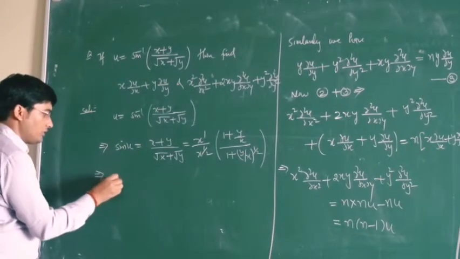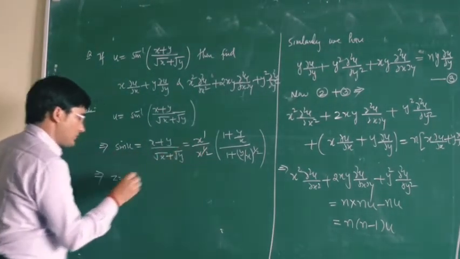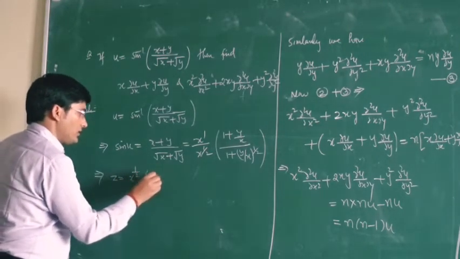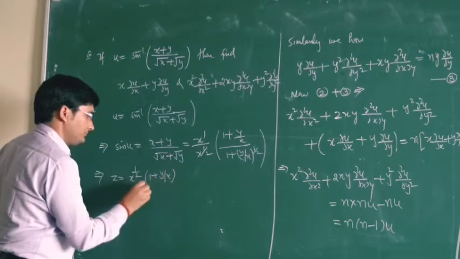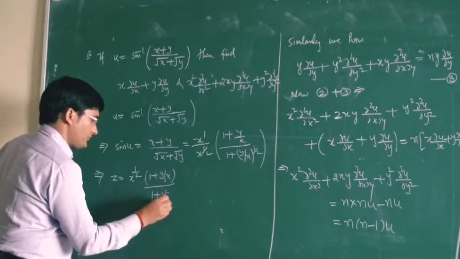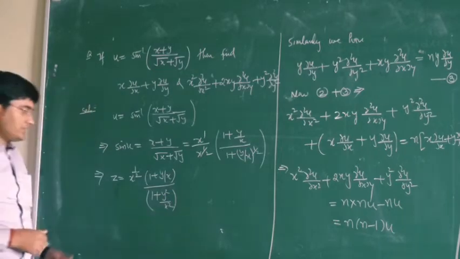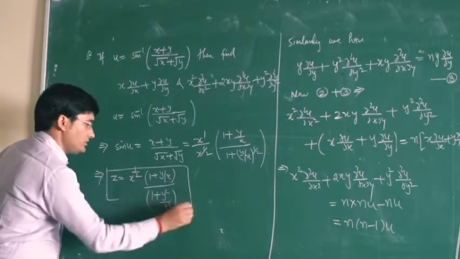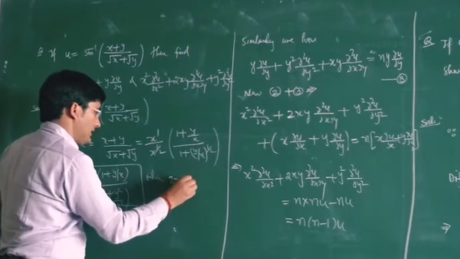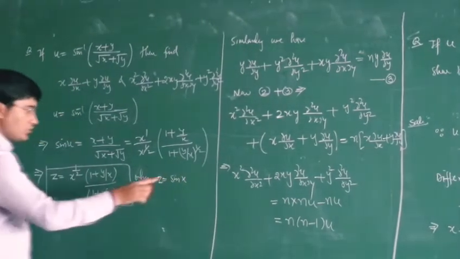So we have z equal to, now this will be your x power 1 minus half, so we have half 1 plus y upon x. So here you can see that your z is homogeneous, where my z is sin u.